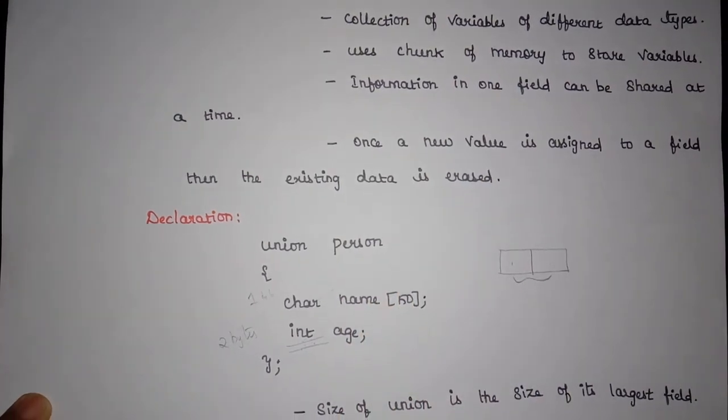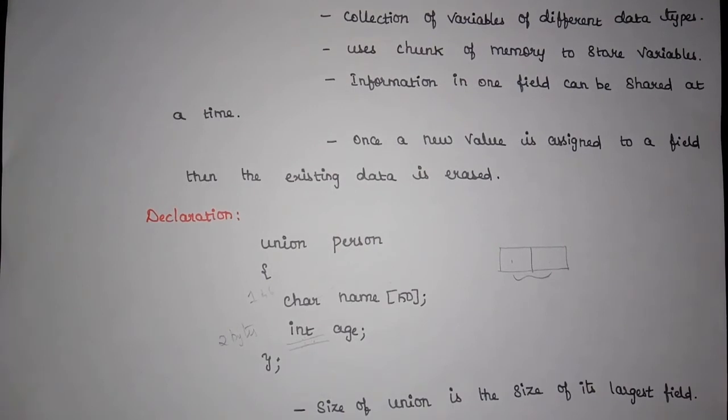We will see how the members of the union share this memory, and what happens when the memory is shared among member variables. We will see all of that now.